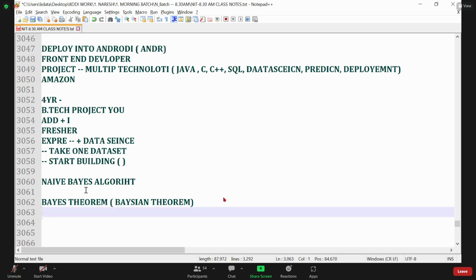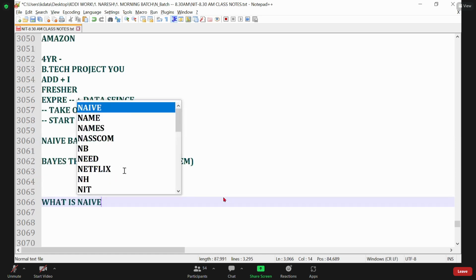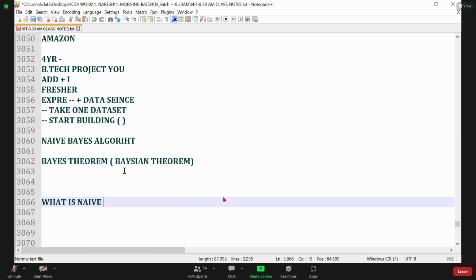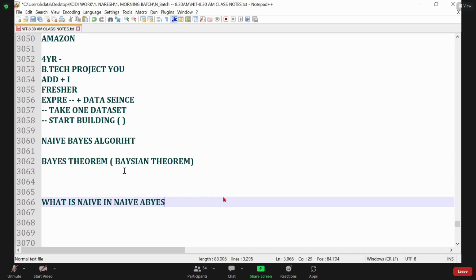So the naive Bayes algorithm is a probability algorithm. When you attend the interview, they will ask you, what is meant by naive in the naive Bayes algorithm. This is an interview question, guys.